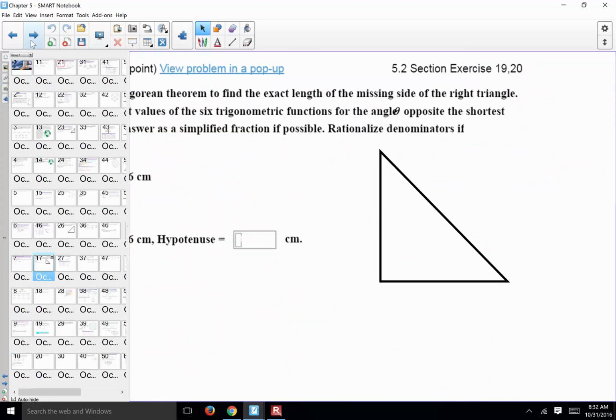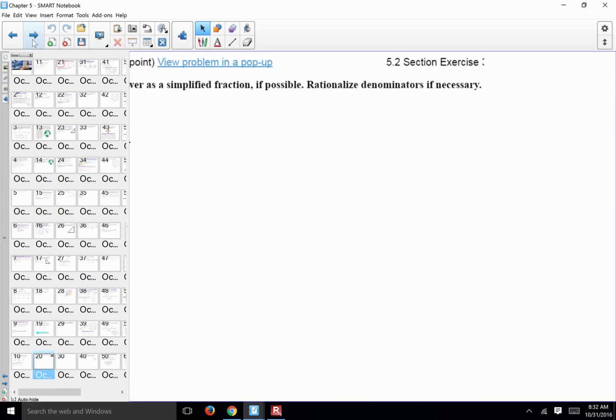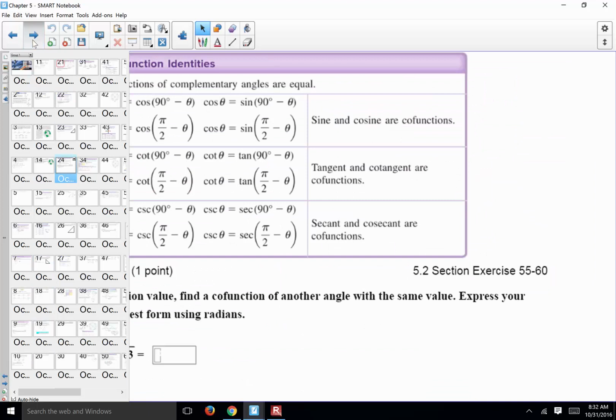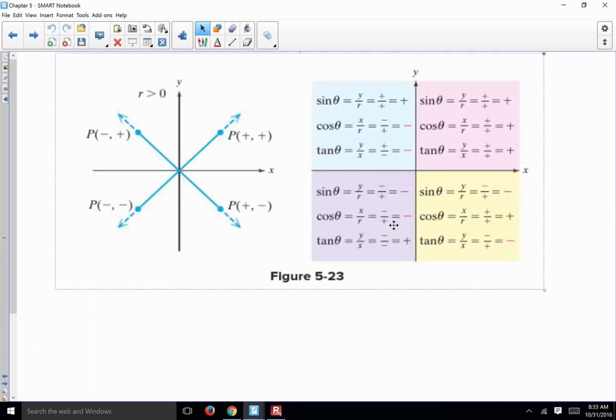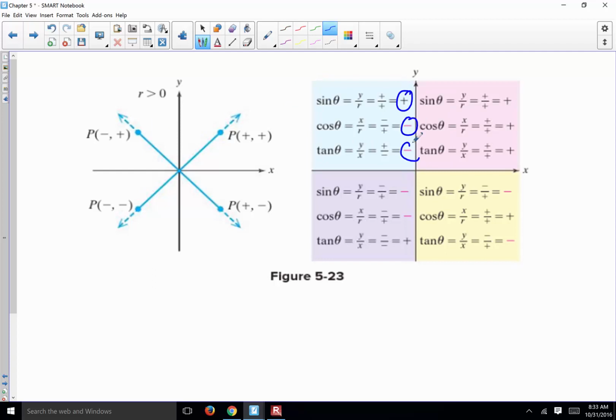Now you should see it. Here we go. Sine in quadrant 2 is positive. Cosine is negative, tangent is negative. Again, sine means the y value, positive.